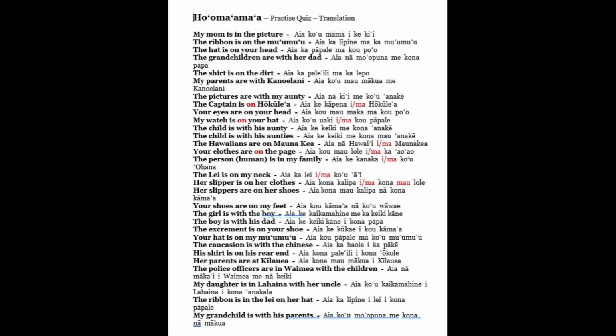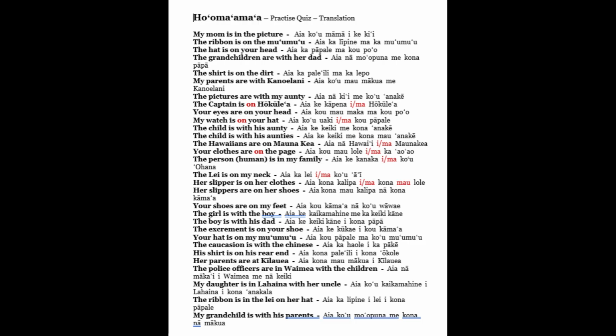The hat is on your head. Ia ka papale ma ko po'o. That means the hat is on your head. Now, in this sentence, Pepeke Henua, where something or someone is, this would be something. The hat is on the head.